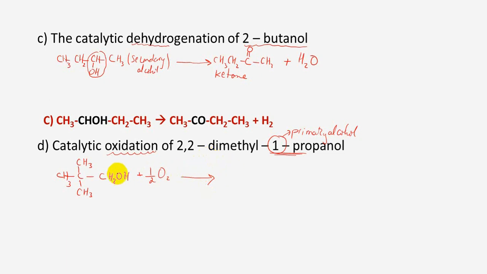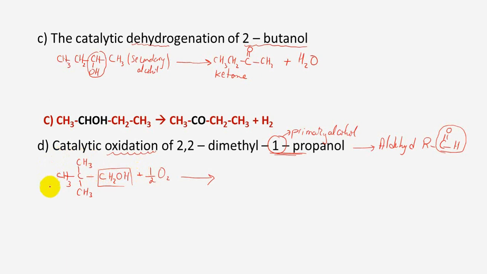We change into aldehyde. This part will change into aldehyde. Aldehyde is characterized by the functional group RC double bond OH, and I replace the part of the primary alcohol, CH2OH, with C double bond OH.